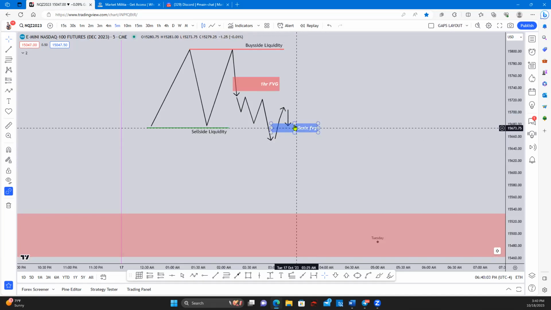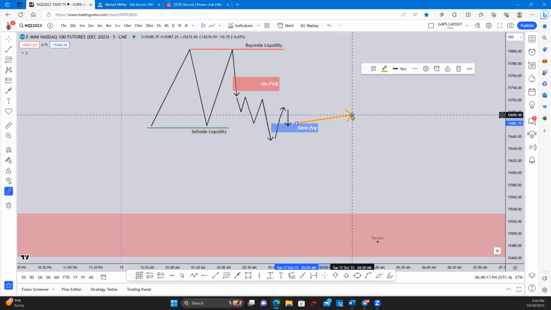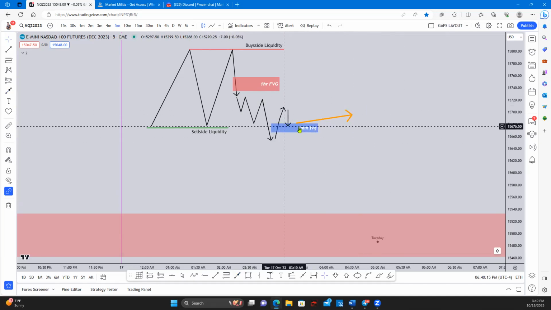So then inside of this 5 minute, we're going to zoom in to this 5 minute. Let's just say over here is going to be inside of this 5 minute.